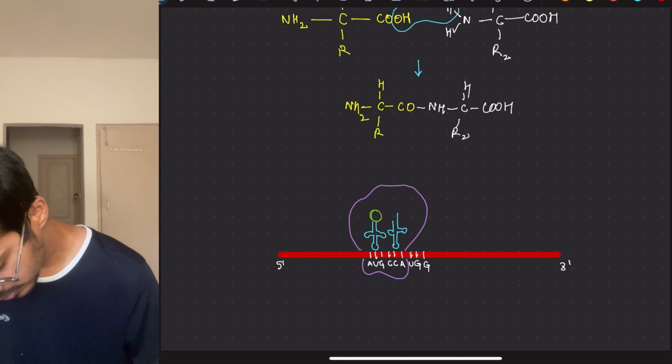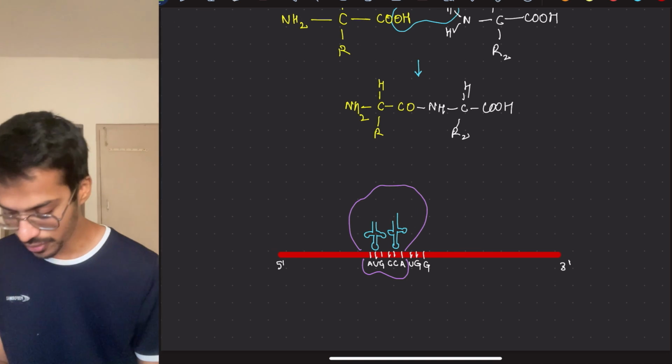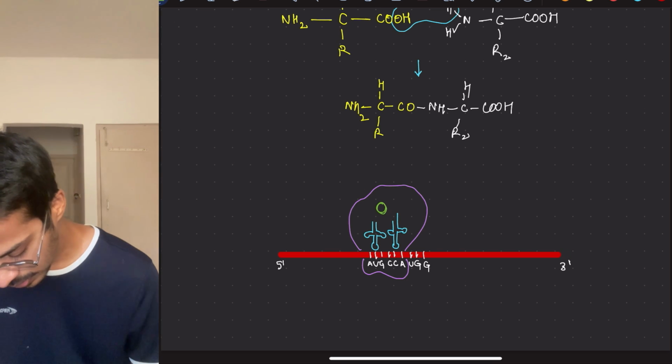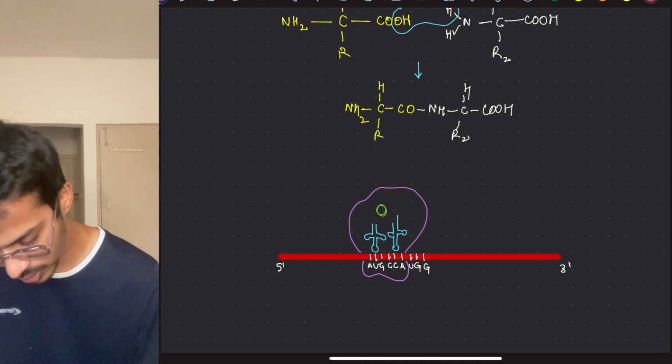There is methionine present. It detached itself from here. So methionine will make a bond with the next one. The next one we have made in red.